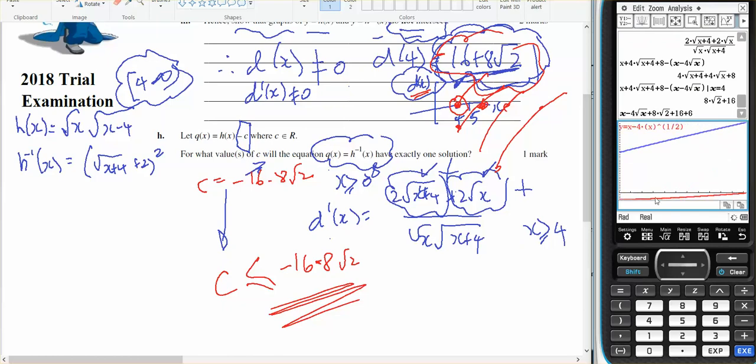So there is my original and there is my inverse, and they don't intersect at the moment.